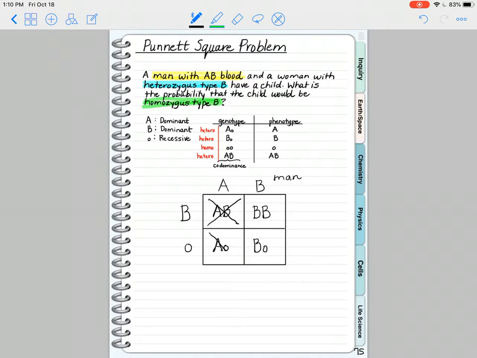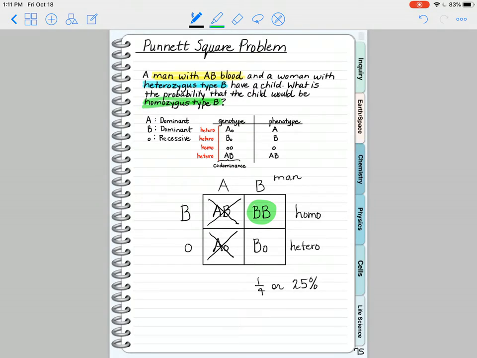This one would be A is dominant, so that child would have type A blood. This one, B is dominant, so the child would have type B. But the question says homozygous type B. This is heterozygous type B. This is homozygous type B. So the one I'm looking for is right here. And there's only one of those. So the probability is 1 out of 4, or 25%.